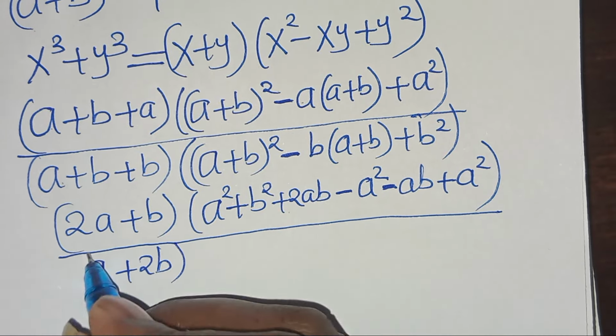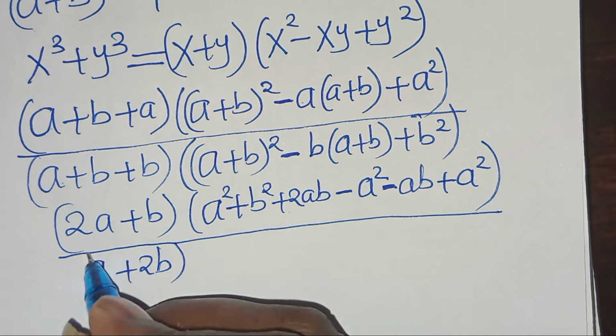Then here we have a squared plus b squared plus 2ab. Then subtract b times a, this is ab. Then minus b times b, this is minus b squared, then plus b squared.